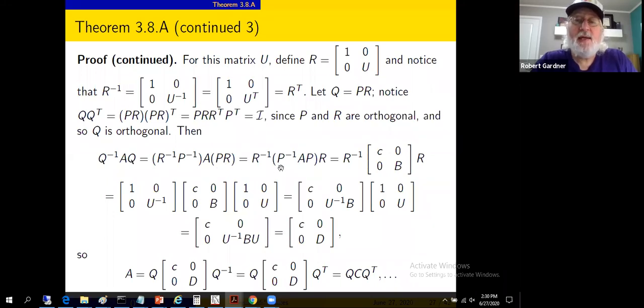Let's associate the inner stuff, P inverse AP. We saw, previous slide I think it was, that P inverse AP can be written like this. So we'll make a substitution there. We got the R inverse on the left and the R on the right. Having made that substitution, let's look back and make sure P inverse AP actually equals this partition matrix.